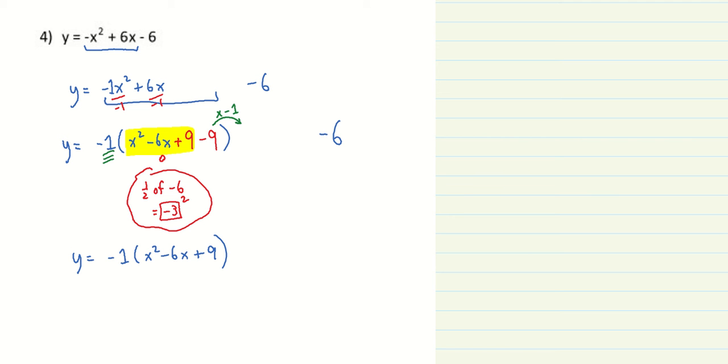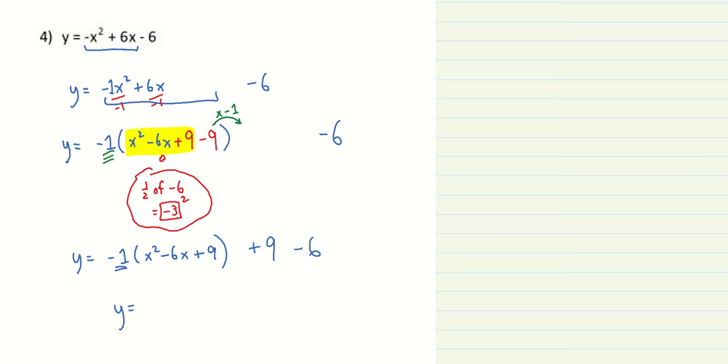As that -9 comes out at the end, it's multiplied by -1 and becomes +9 on the outside. We have to be mindful of our signs when the leading coefficient is negative. And then cleanup time.